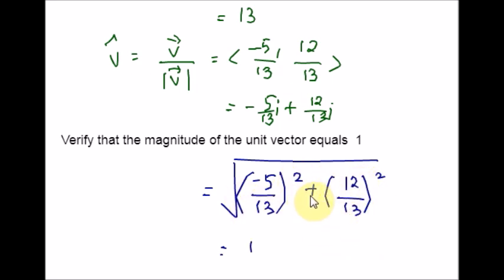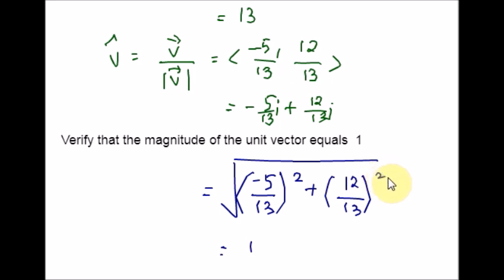So it is always good to verify that the magnitude of the unit vector is equal to 1. So the vector u = -5/13 i + 12/13 j is the unit vector in the same direction as the original one, (-5, 12). Hope you're clear with this example.